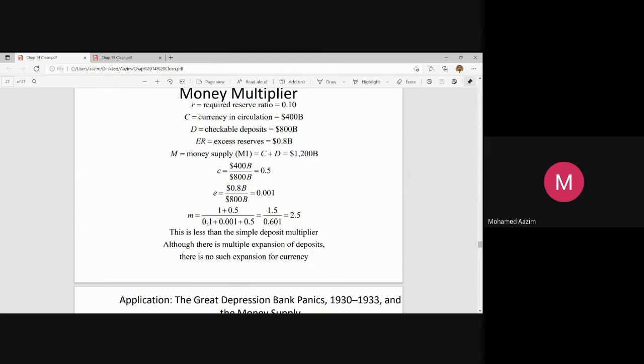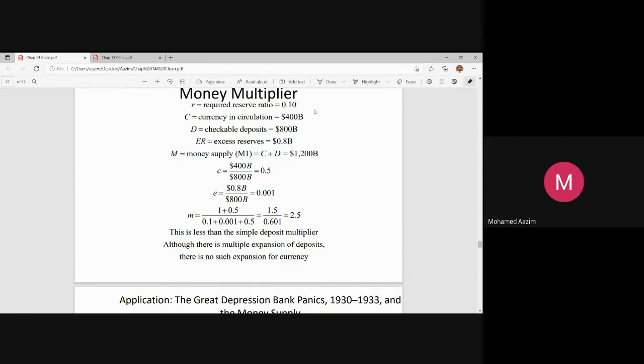Small r, the required reserve ratio. Already given as 0.1. We don't need to calculate it, but if you were required to, you would. In absolute value, if they simply said required reserves are $80 billion, then you have the deposit base, and you can calculate the ratio.